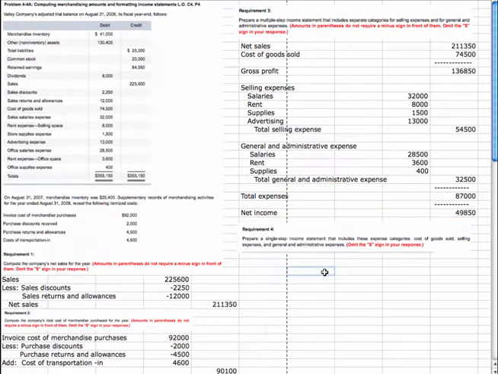Now we can do this exact same thing as a single step income statement, which is requirement 4. So let's do a single step income statement. We could do, once again, net sales.